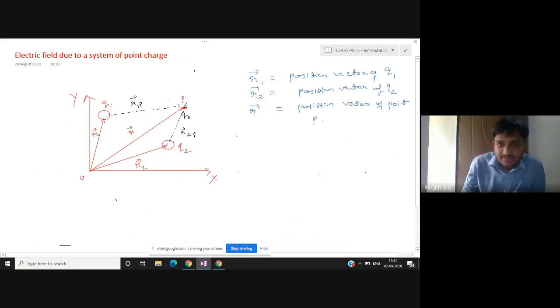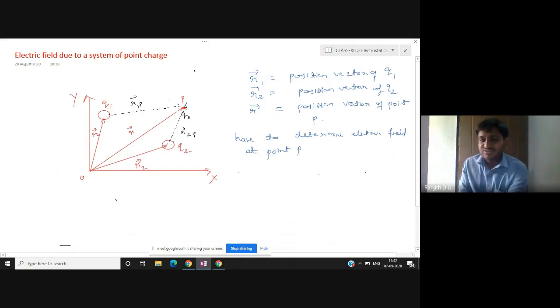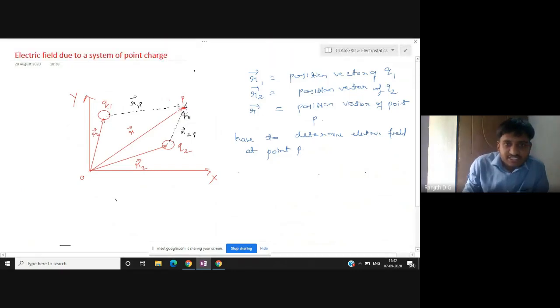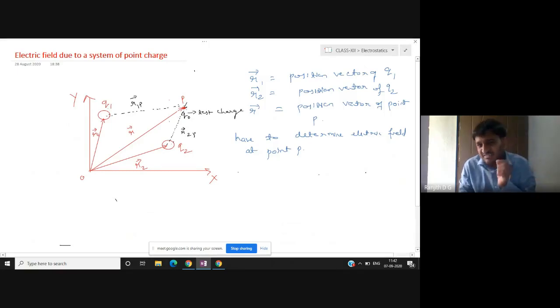So I have to determine how to determine the electric field at point P. For that, I should first imagine that I have placed a test charge, Q naught, at point P. Then the first foremost thing you need to find out is the electric field at point P due to Q1, and also the electric field at point P due to Q2.